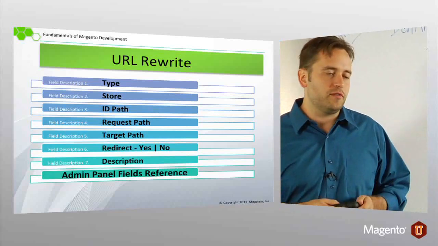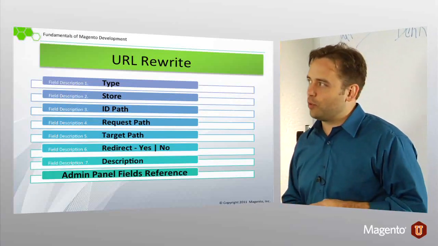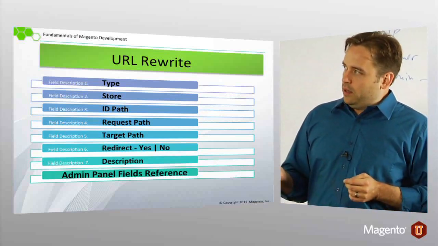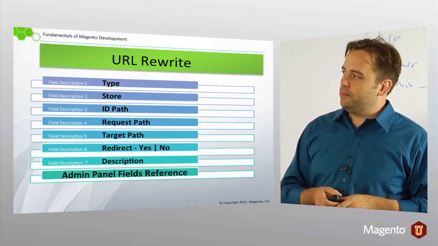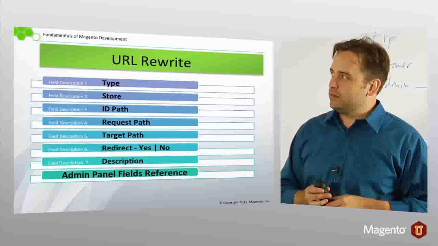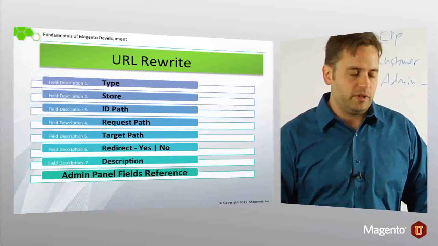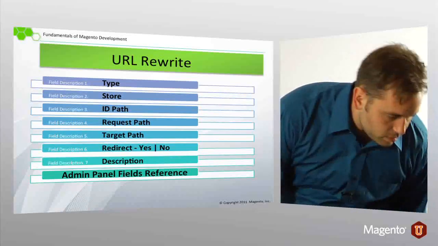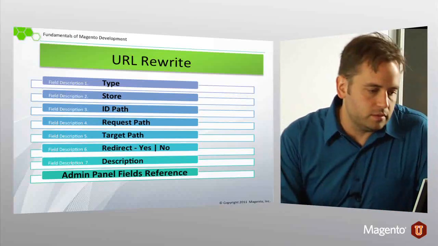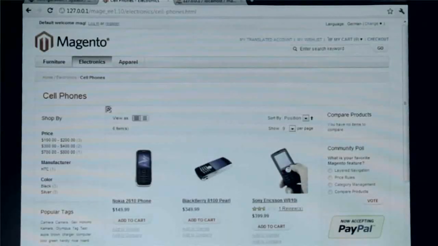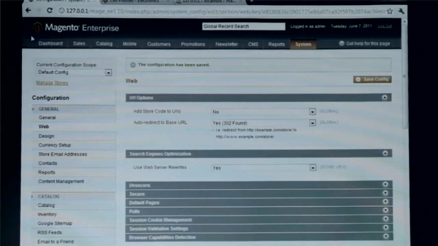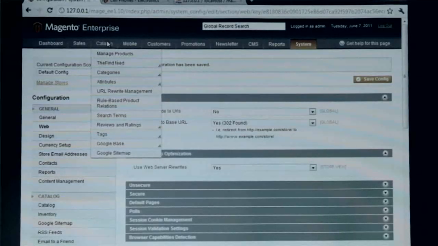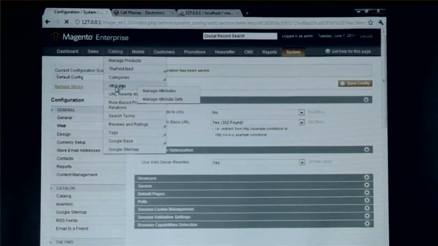For some of you, I'm sure you've already seen this if you've been working with Magento for a while, but you'll see these fields. So I'll open it up as well. Catalog, URL Rewrite Management.